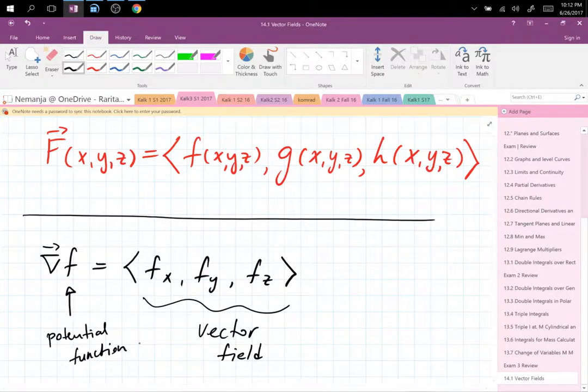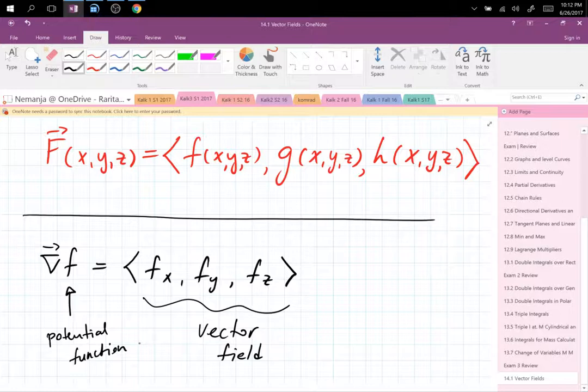So partial f partial x is the same thing as the f function in your vector function. No. You can have vector fields that do not have a potential function associated with them, which is exactly what breaks what you just asked. So this is just one way of creating a vector field. You take a function and you do the gradient.